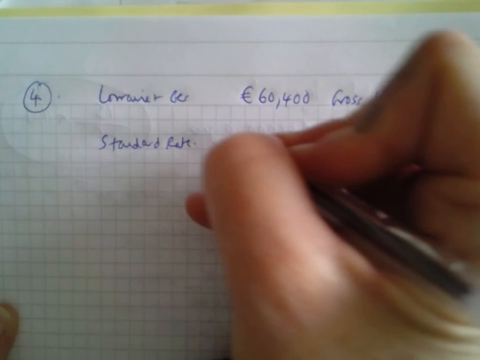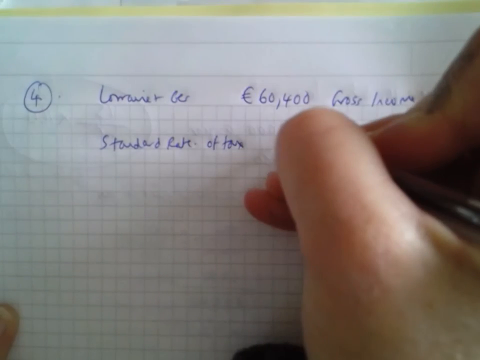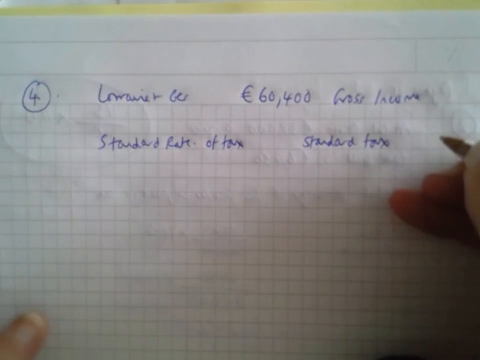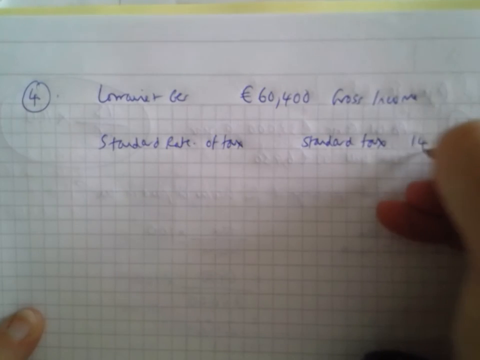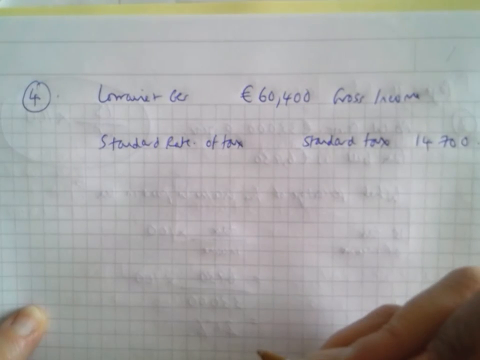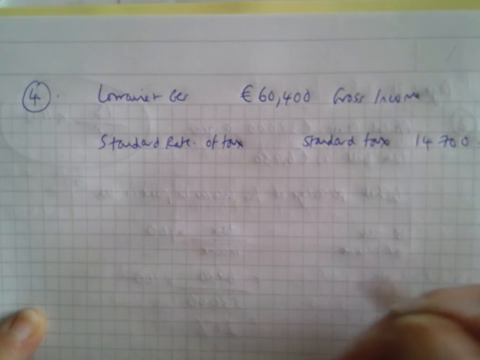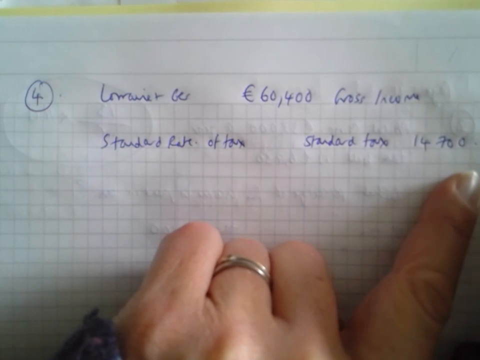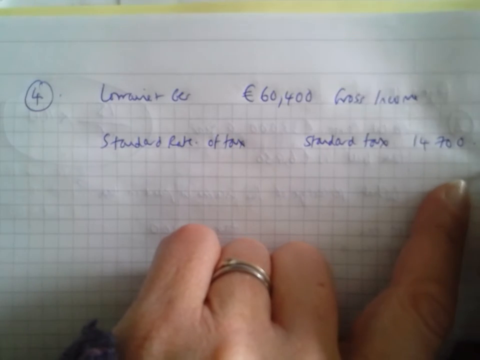We don't know yet, but standard tax was 14,700. So this is the tax payable by the looks of it. Tax payable. That's the amount they actually paid.